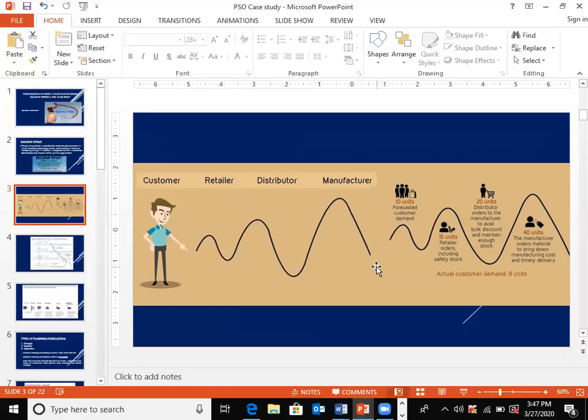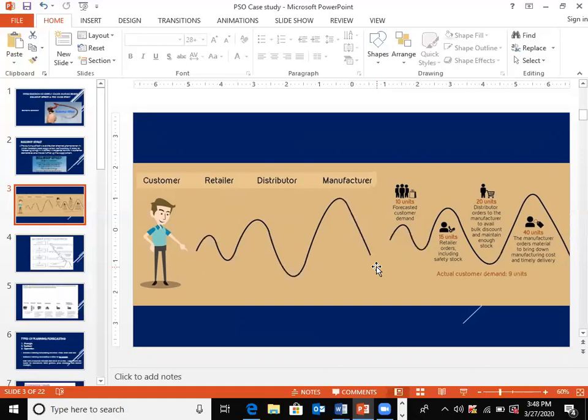Just to give you an example, let's say you go to a grocery store and you decide to buy 10 units. Maybe you hear about the coronavirus, so you decide to buy 10 units of wheat, or flour, and keep some in reserve in your house just in case there's a shortage.